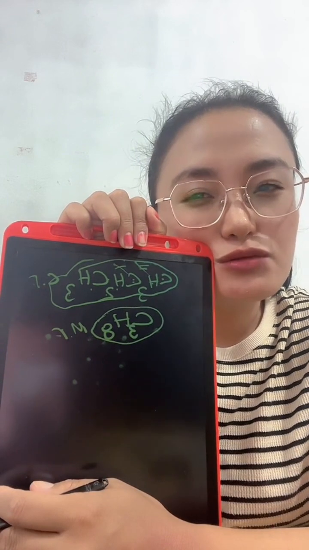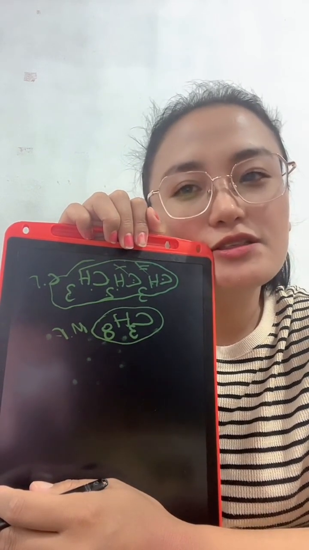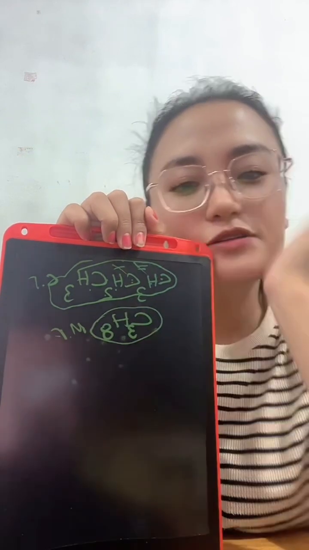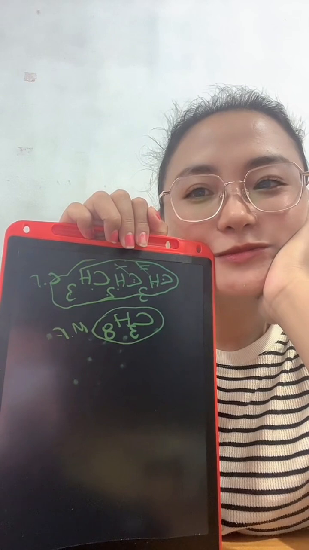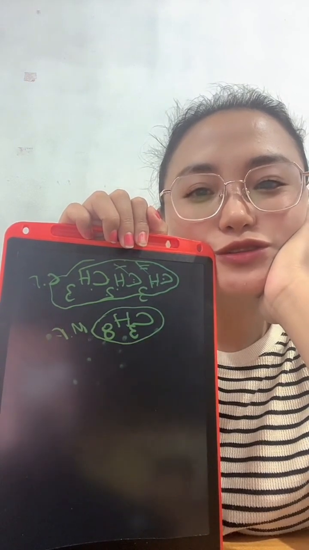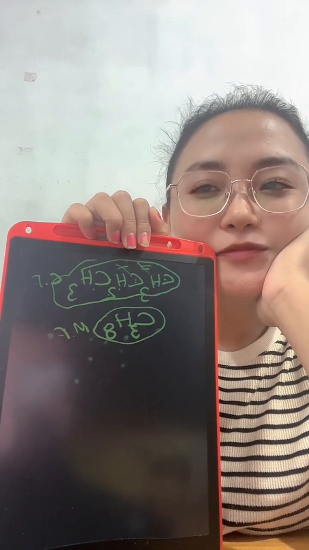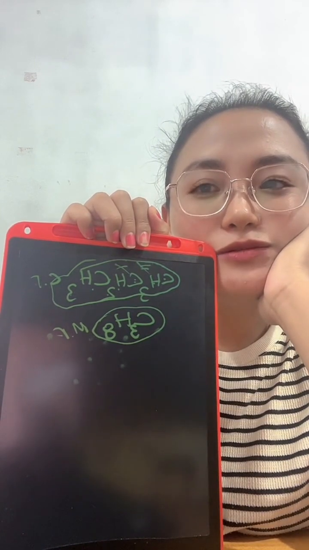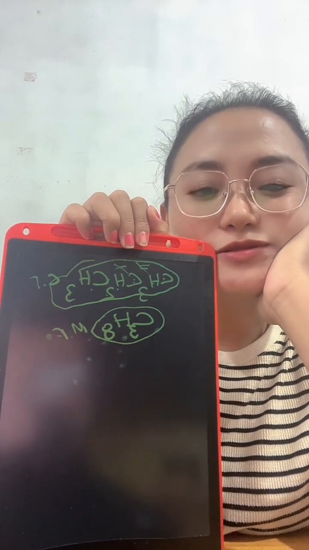So do you want me to go through IUPAC naming, or should I go with what is homologous series and functional group? Homologous series and functional group I can explain, or maybe naming we will go through in the next session if time allows.